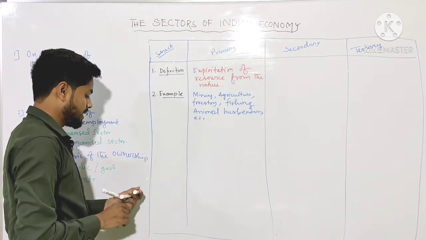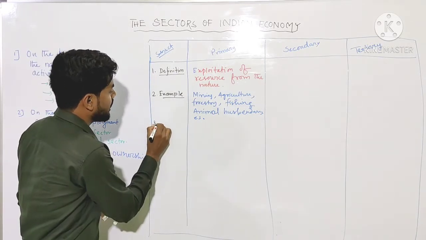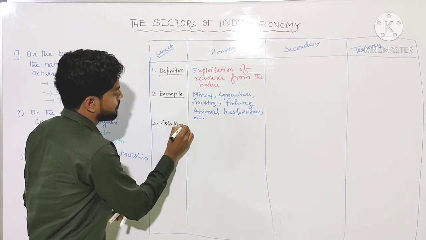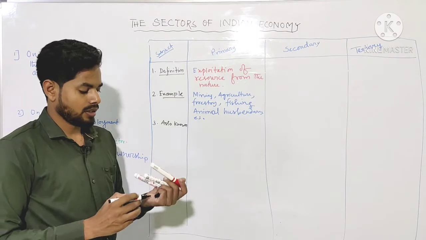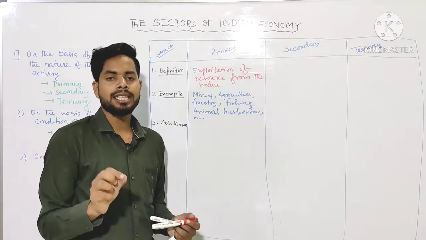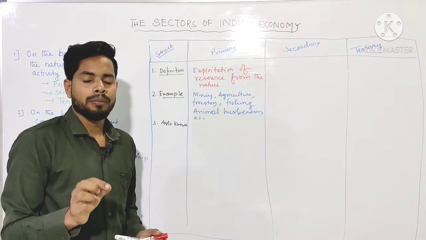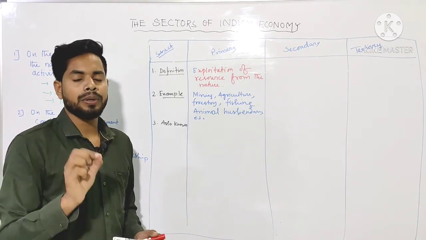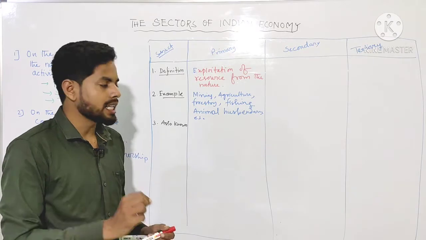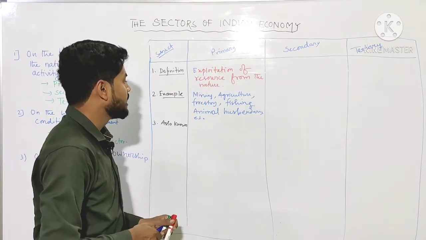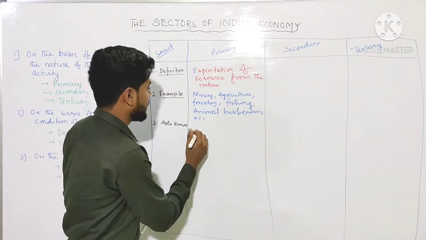Next we see why it is also known as such. The primary sector is also known as agriculture and related sector. Why? Because most of the products we get are from agriculture. That's why this sector is known as the agriculture and related sector.